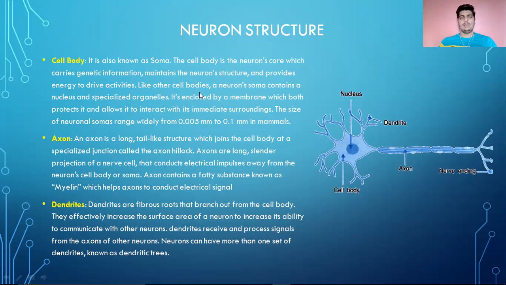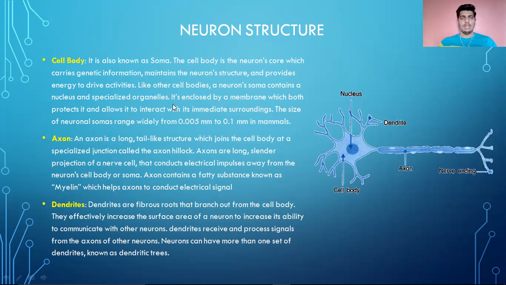Like other cell bodies, a neuron's soma contains a nucleus and specialized organelles. We can see the nucleus here, and the organelles are present around it.